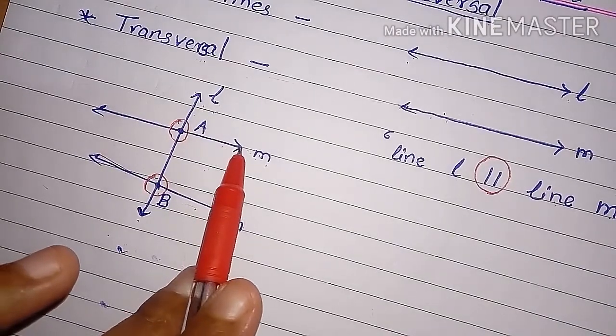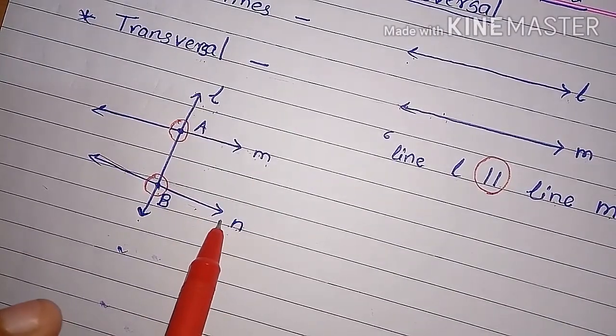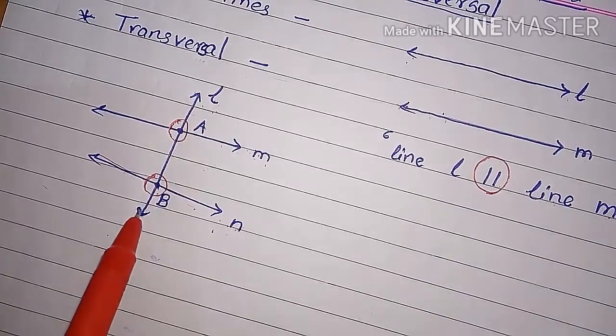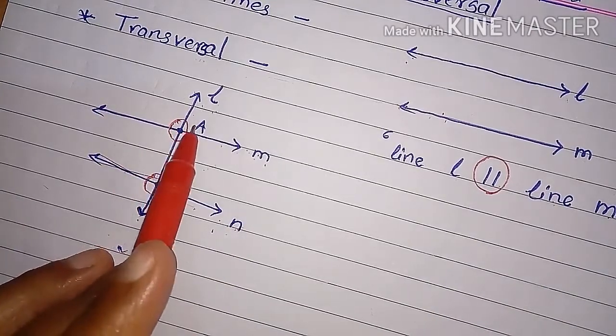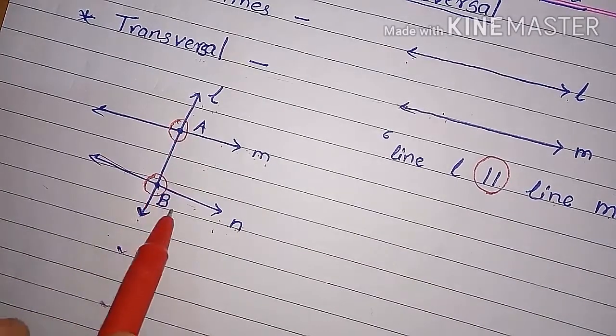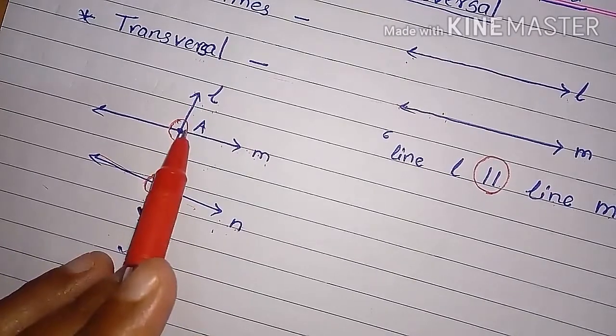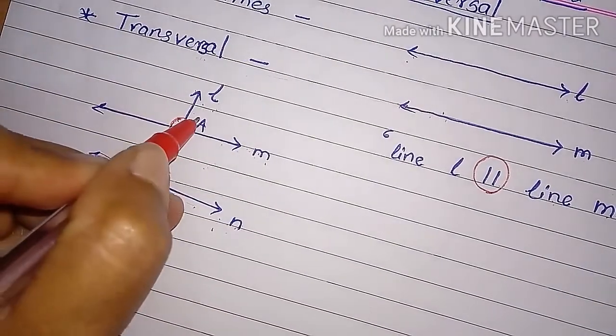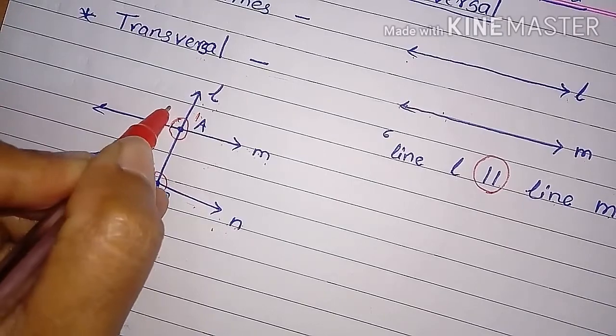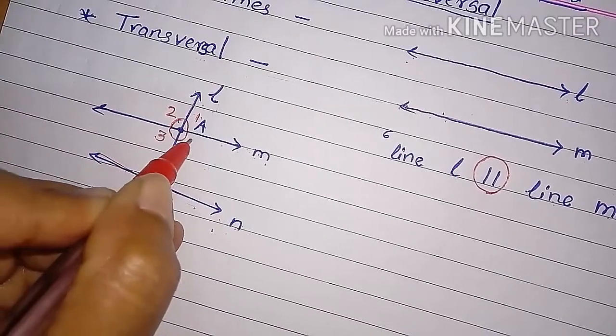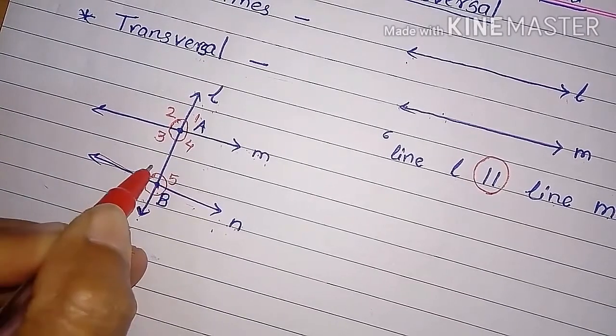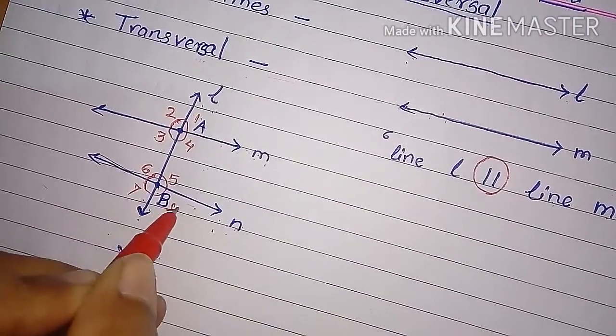When two lines are intersected by one line, then 8 angles are made by the transversal. Here is 1, 2, 3, 4, 5, 6, 7 and 8.